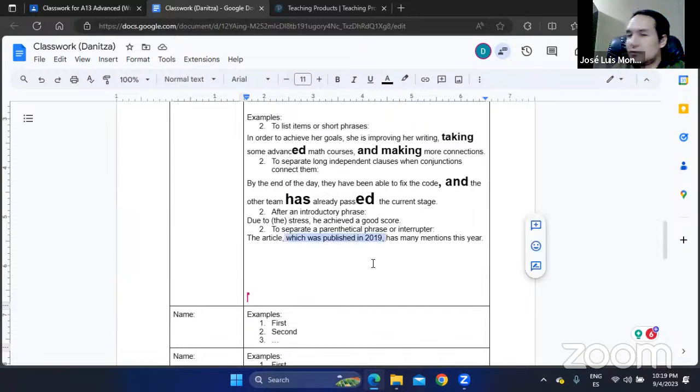All right, now I'm telling you that because down below we're going to continue working with these elements, and we're going to try to use the same color every time we see an introductory phrase. Every time we use a list of items, the same color. Every time we see an interrupter, the same color.